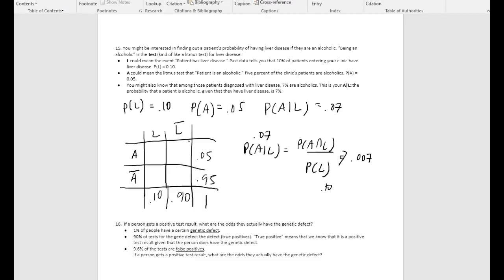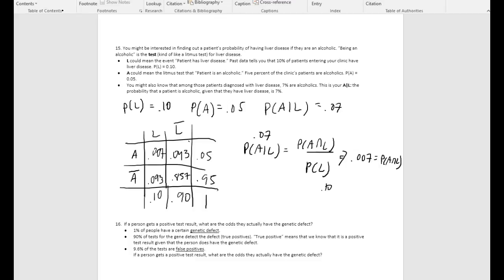So 0.007 is the probability of A and L. So then we can use this to solve for the rest of the table. So we have the rest of the table, and let's just answer the question.